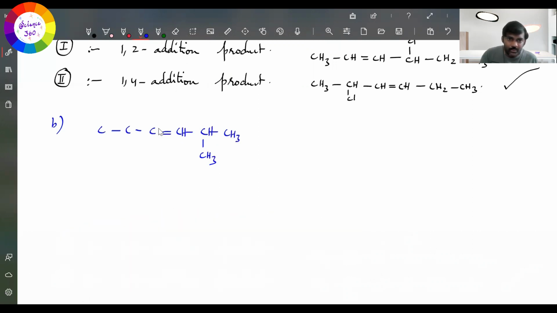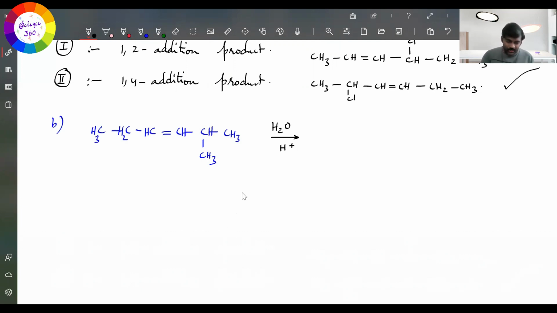So this is the compound, the substrate molecule that was given. Now for this addition of water, we will be doing the addition in an acidic medium. So that means H2O addition in the presence of acidic media.